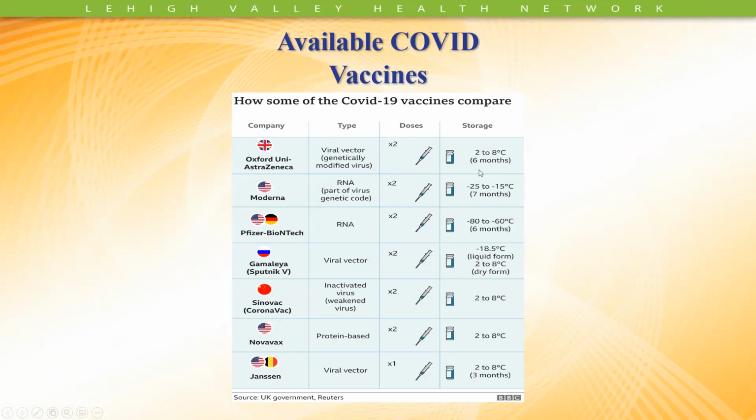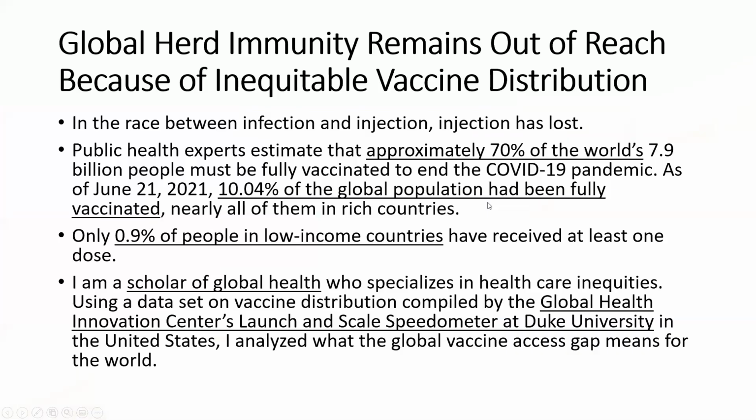You can see it takes a tremendous amount of cold, especially the Pfizer. It's minus 80 to minus 60. So trying to store these vaccines can be a tremendous task in itself.